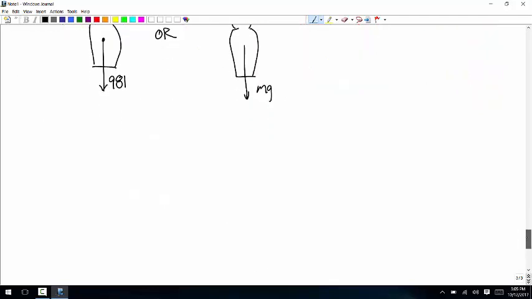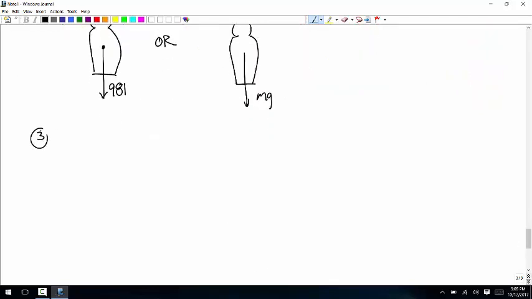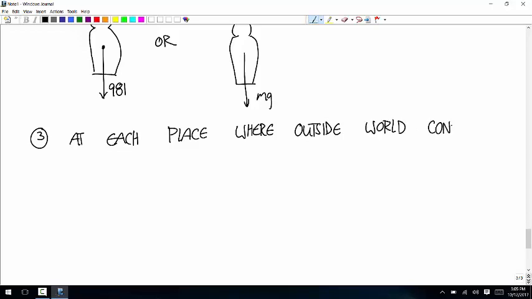And then the last step is, at each place where the outside world makes contact with the boundary, draw an arrow in the direction of the force that it applies to the chosen object.